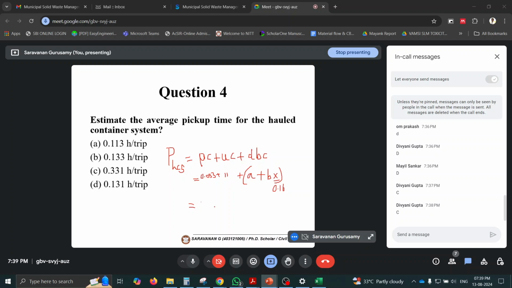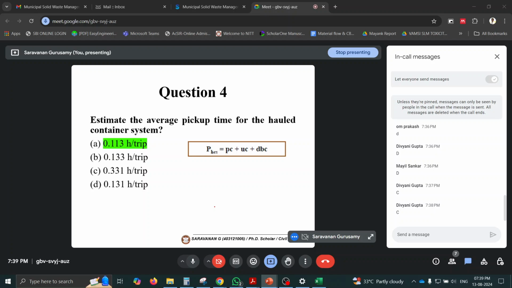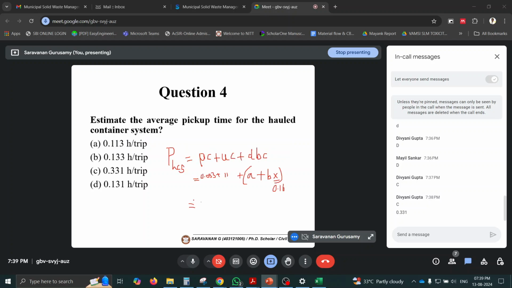So the answer is C. Yeah? No, the answer is A. Can you please check your answers, sir? 0.113. This is the formula we are using. 0.331. Okay, I will calculate once.